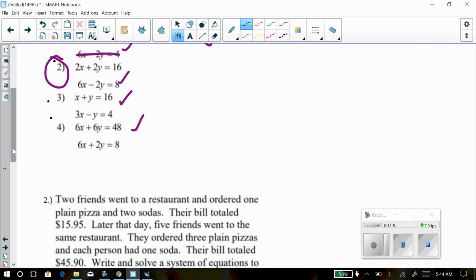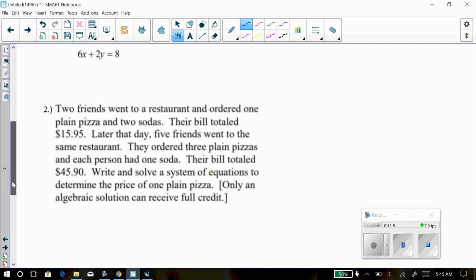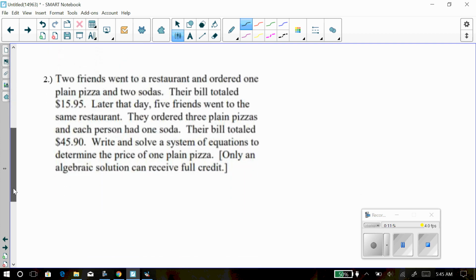Now let's try this problem right here. We have 2 friends who went out to a restaurant and ordered 1 plain pizza and 2 sodas. Their bill totaled $15.95. Later that day, 5 friends went out to the same restaurant. They ordered 3 plain pizzas and each person had a soda.